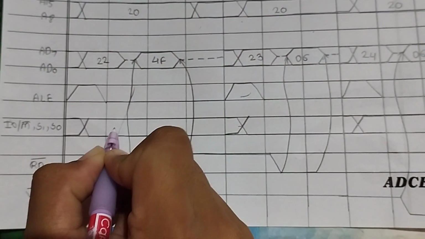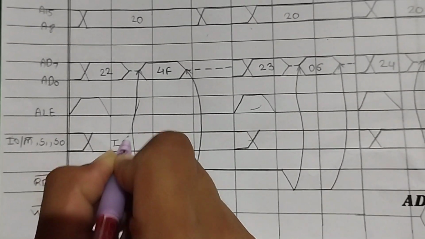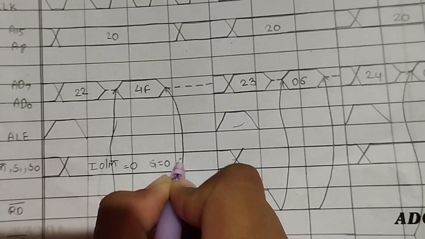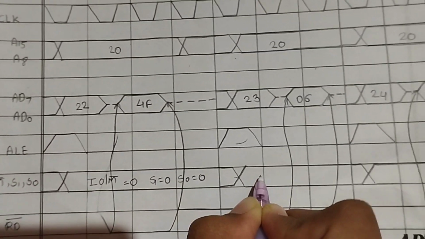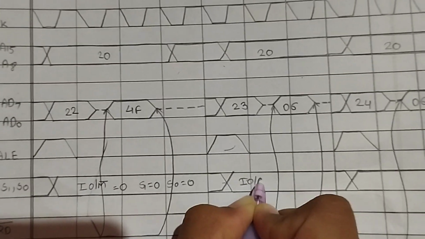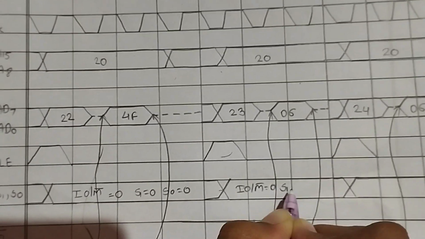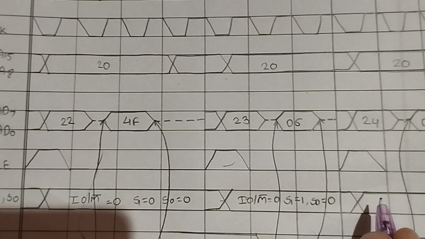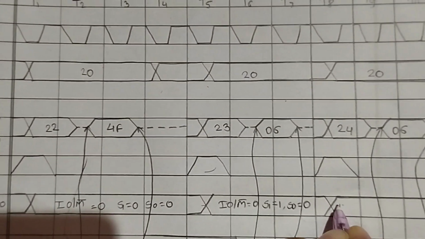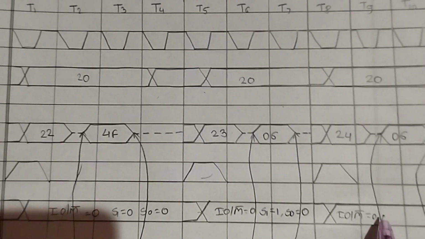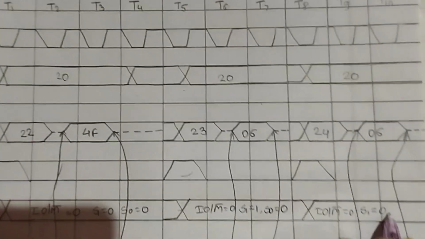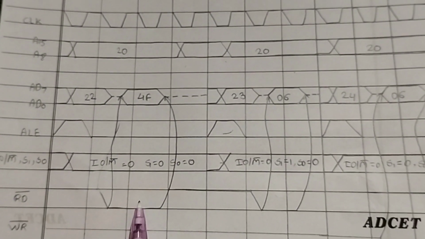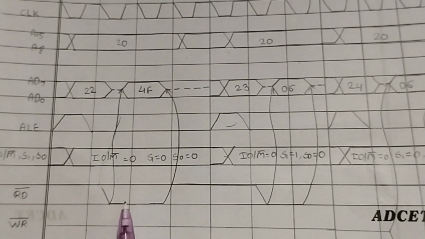Now IO/M bar for the opcode fetch is 0, S1 is equal to 1, S0 is equal to 1. For the read, IO/M bar is equal to 0, S1 is equal to 1 and S0 is equal to 0. Now for the write, IO/M bar is equal to 0, S1 is equal to 0 and S0 is equal to 1. First we read the opcode, for that purpose the read signal is shown here.